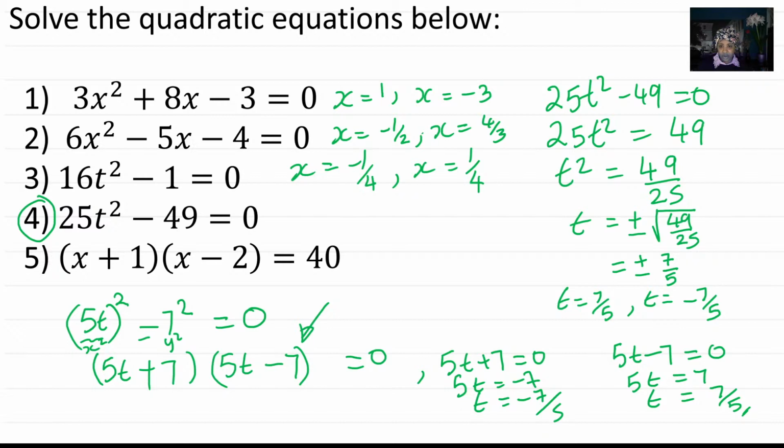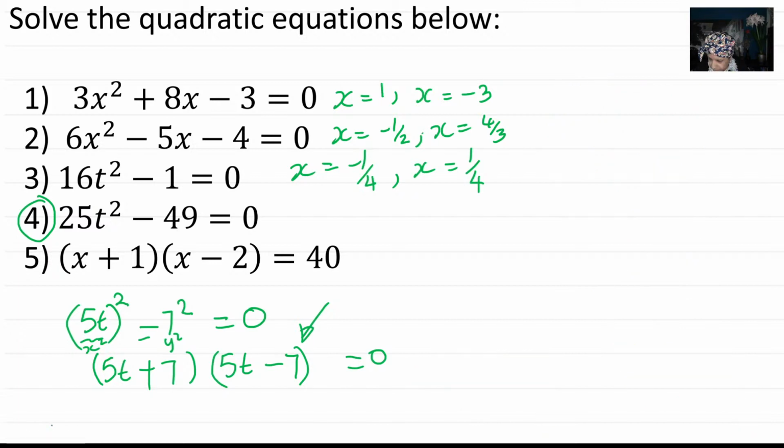Has anyone got the answer to number 5? All right, I'm going to do question 5 for you guys, just in case you haven't done it. So one side is not equal to 0, is it?